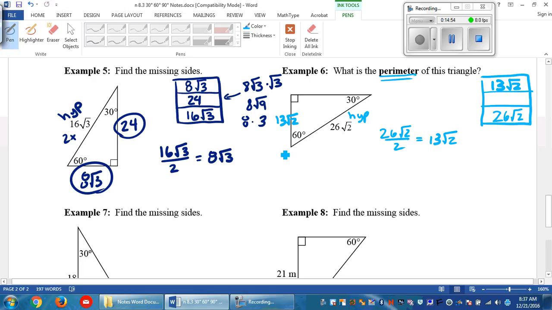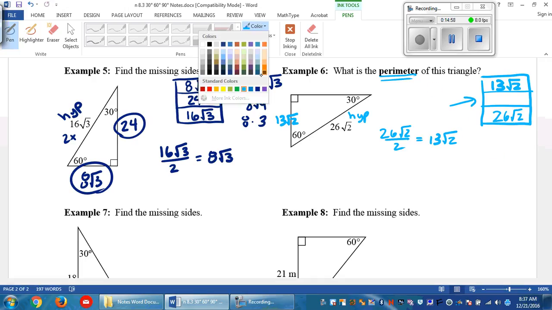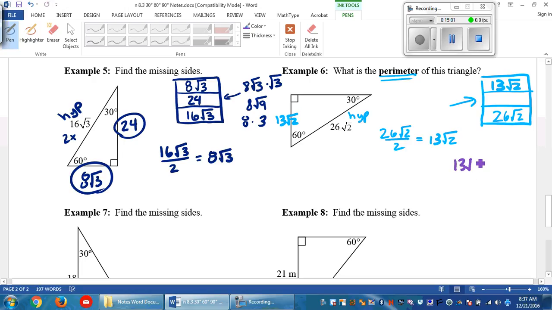Then to get this side here, we take that 13 root 2 and times it by root 3, and you get 13 root 6 for the long leg. Alright. Now we have to add them all up. We have 13 root 2 plus 13 root 6 plus 26 root 2.